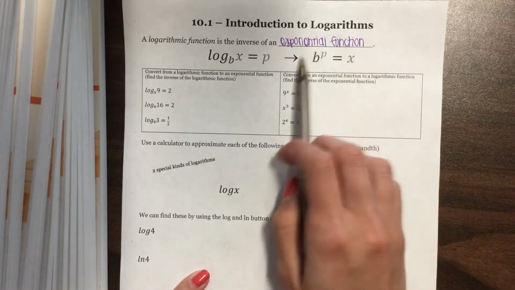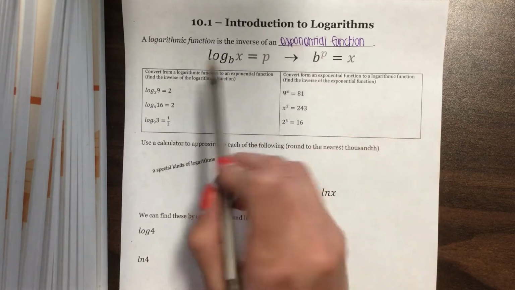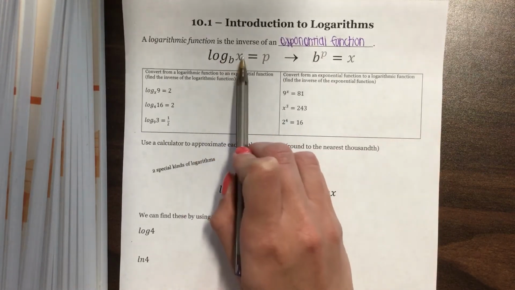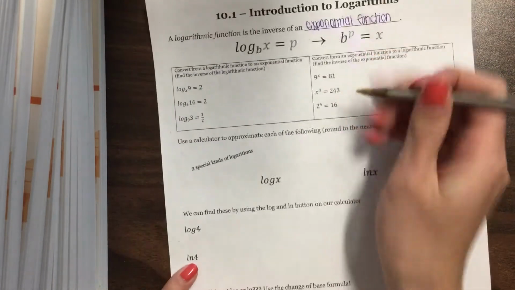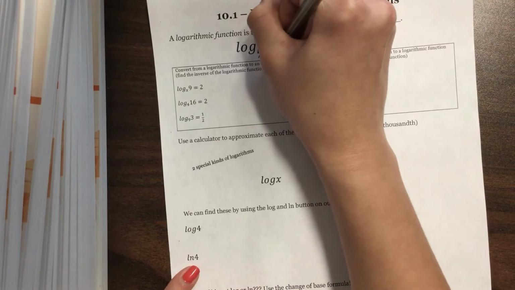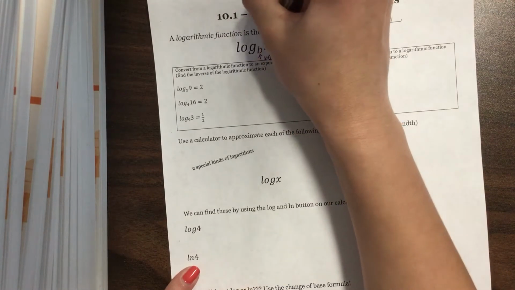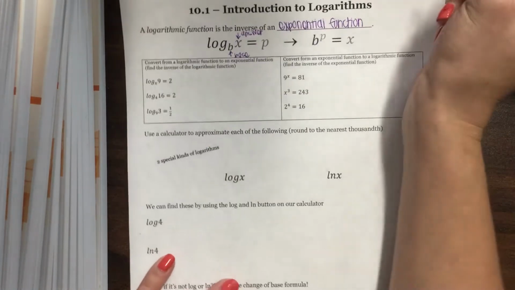So it's just another way to write this. So this is a logarithm right here. And basically, this is log base b of x equals a power. So I'm just going to write this. So this is the base. So b is the base. X is the answer. So it's the answer of the exponential function.